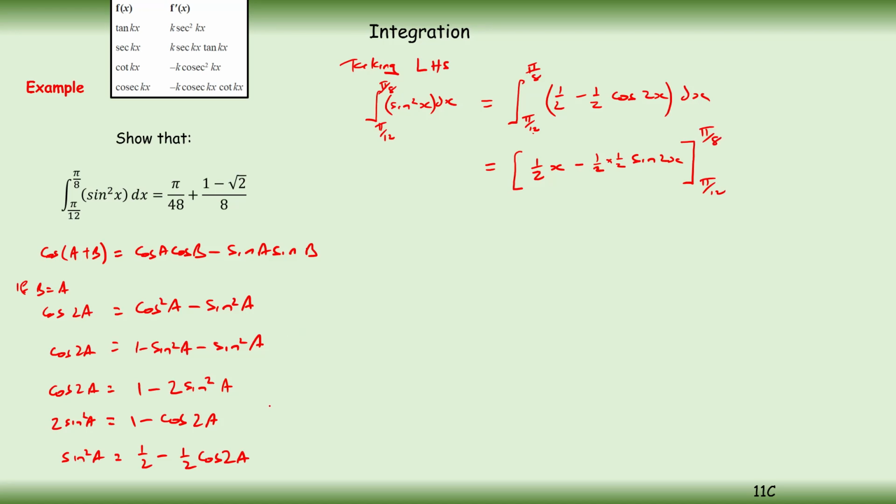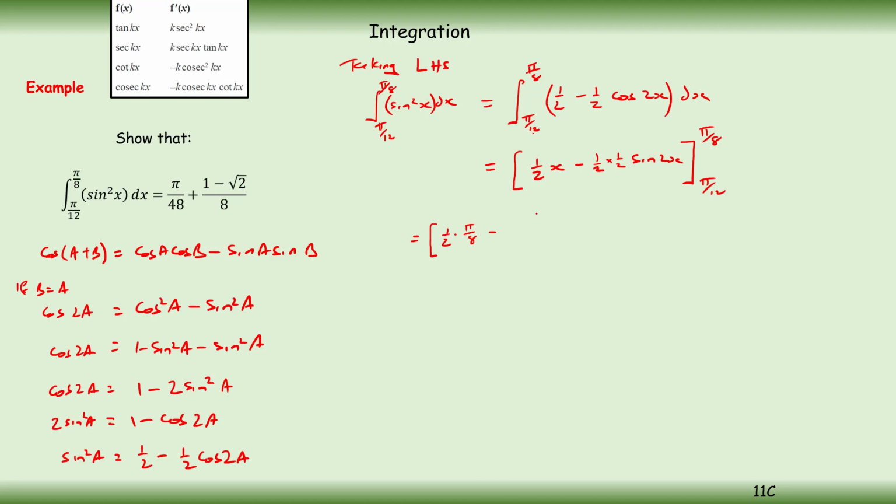Okay, so now what I've got to do is sub in for pi by 12 and pi by 8. So I'm just going to move my equal sign over here, give myself a bit of room. And that's going to be the integral of a half times pi by 8. The dot means times. You can use brackets if you would like.